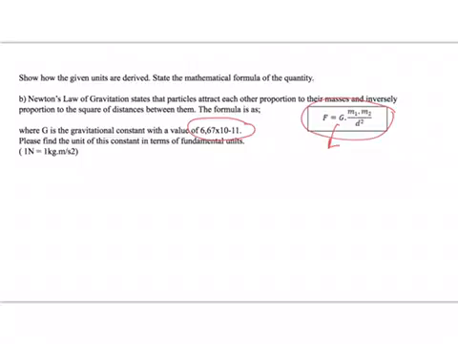Now we are going to find the unit of this constant. Let's write the formula here again. Force is equal to G times mass 1 times mass 2 over the distance square. The unit of force is Newton.